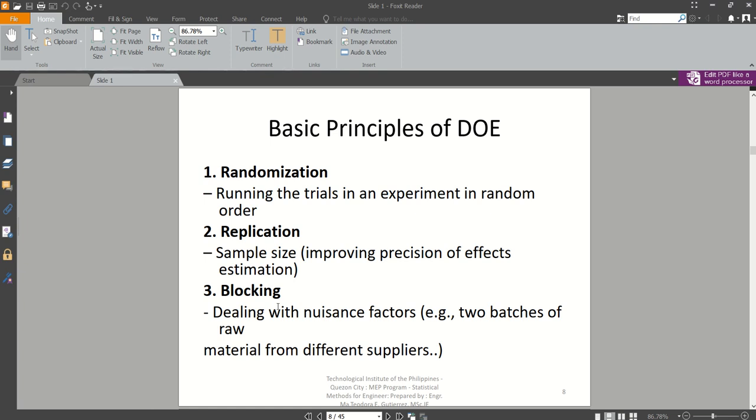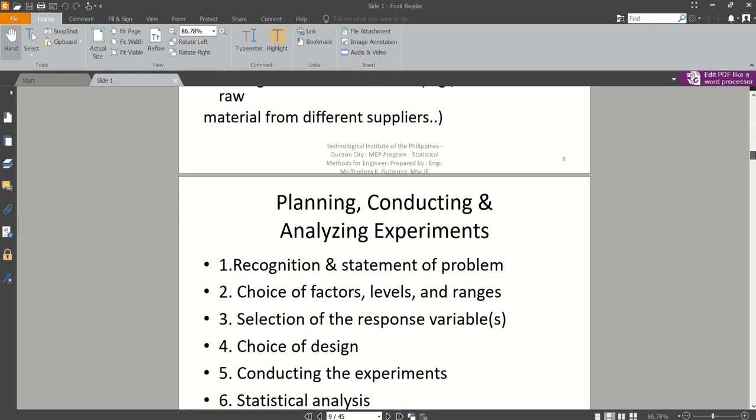Hindi ka pwedeng gumamit ng magkakaiba. Kung gagamit ka man ng magkakaiba, i-blocking nyo yun or yung coherence. Kapag galing sa Romblon yung aggregate, sa Romblon lang. Kapag galing Tablas, sa Tablas lang. Okay? So, randomization, replication, and blocking. Baka lumabas sa exam.